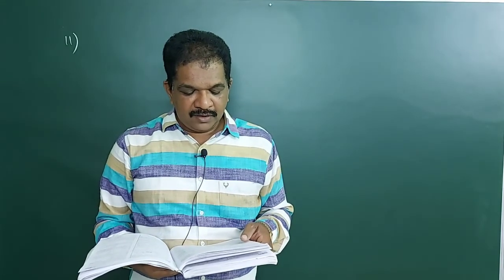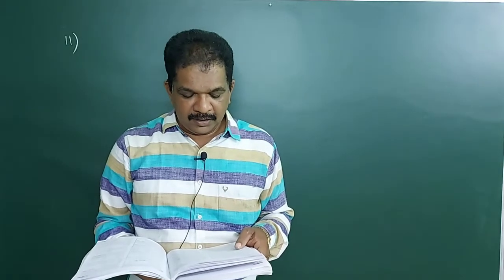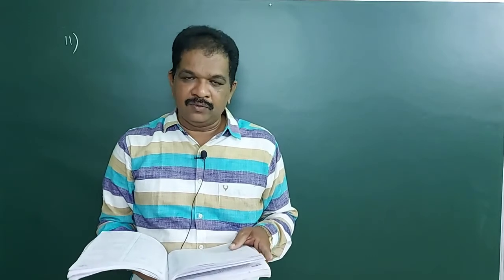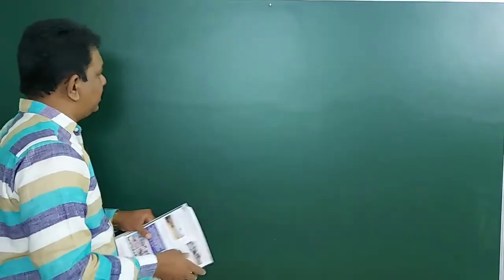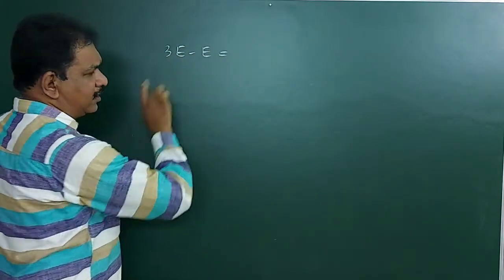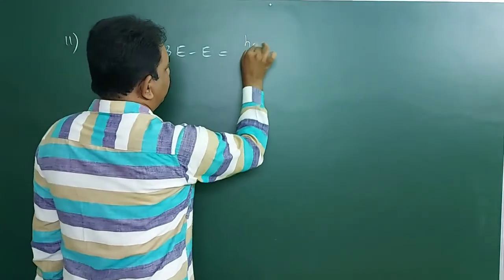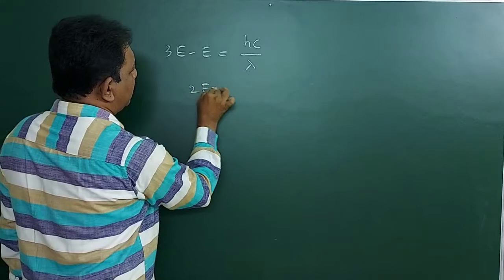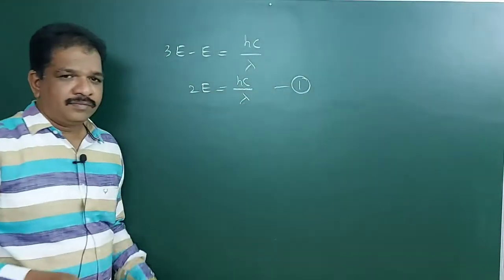What is the wavelength of the electromagnetic wave emitted when the electron de-excites from 5E by 3 to E? Simple. So from 3E to E, energy decreases, meaning the loss of energy will be 2E. Wavelength lambda is emitted. So 2E is equal to hc by lambda.